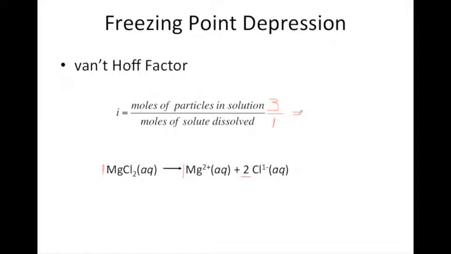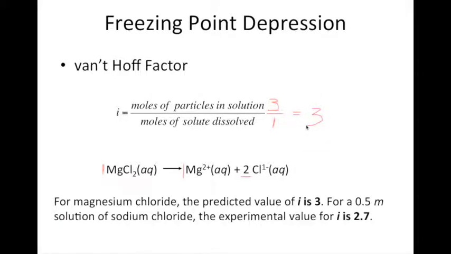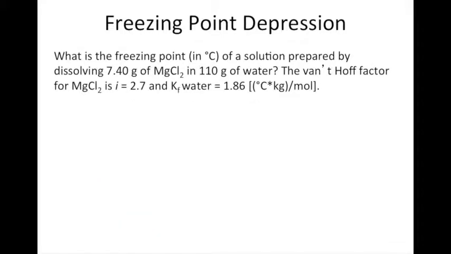So our Van't Hoff factor for magnesium chloride we would predict to be 3. Experimentally, it's 2.7. So it's generally going to be a little less than predicted because you don't always have 100% dissociation. So take a look at this problem, pause the video, and see if you can calculate the freezing point for this solution.